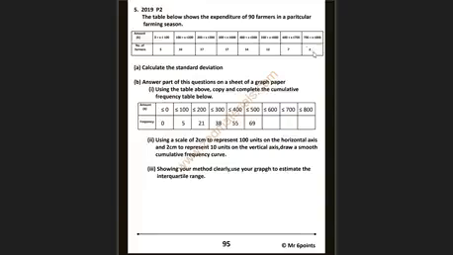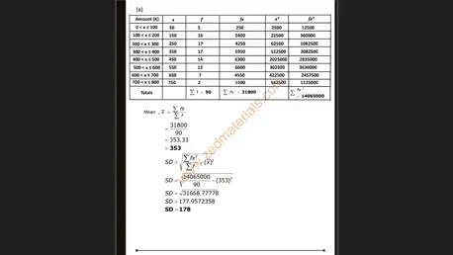Sometimes they may not necessarily give you these two at the end. They want to see if you can use this total frequency to find the last value. So you simply add up all the numbers and subtract them from the total frequency. Though in this case we've already been given what we want, so it's all well and good.